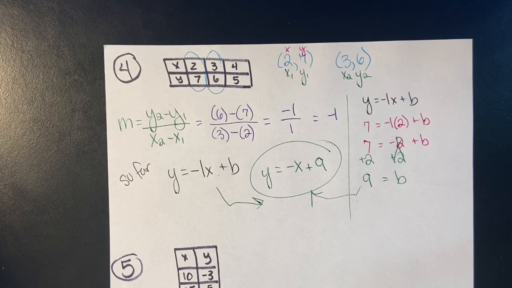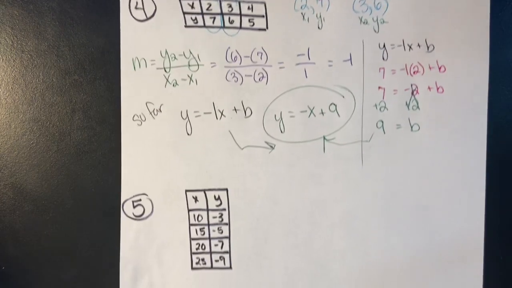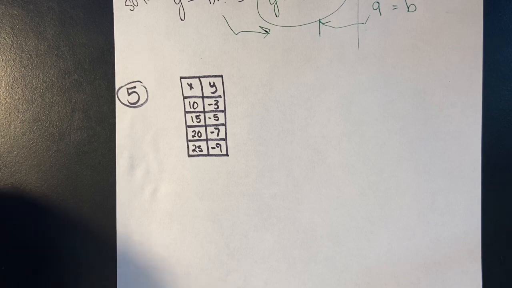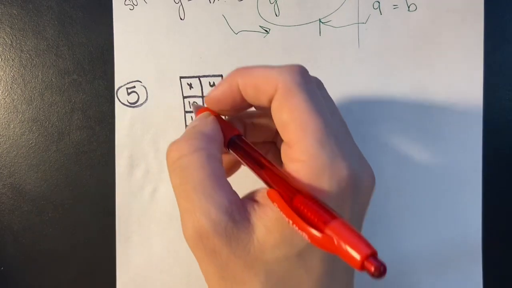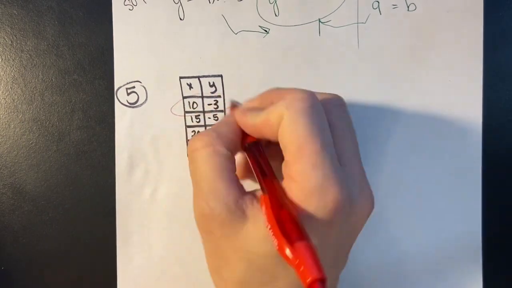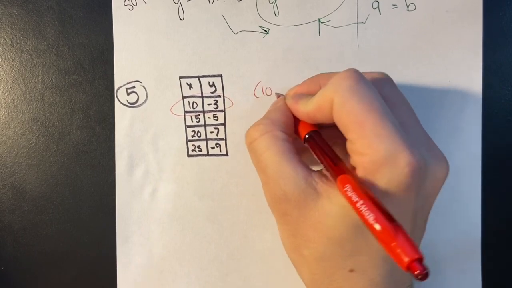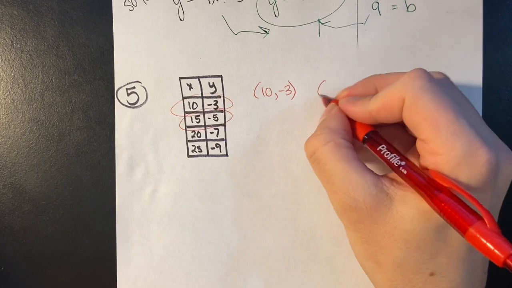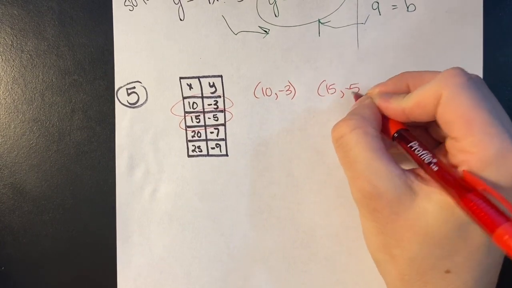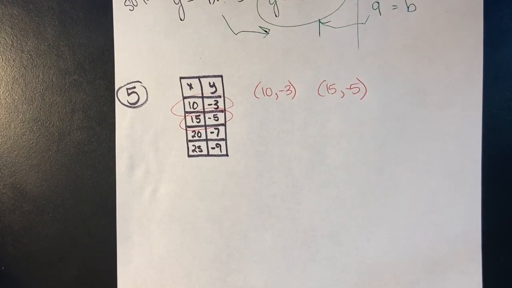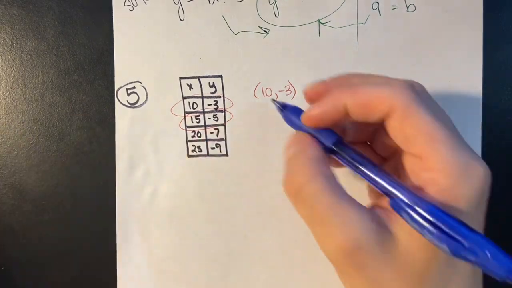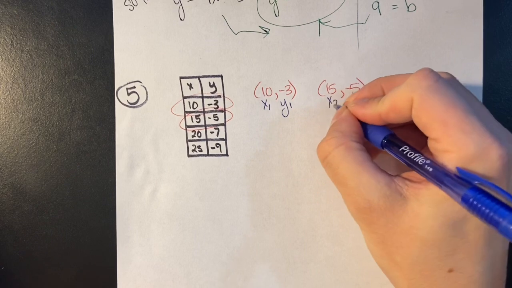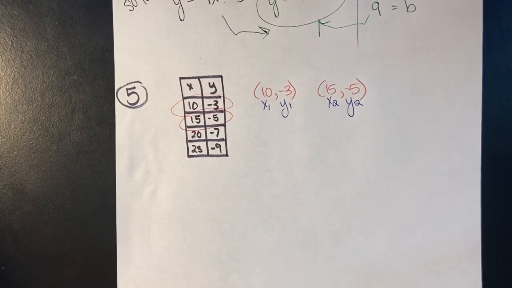One more fun-filled problem. There it is. Let's pick 2 points. Doesn't matter which points I pick. So let's do 10, negative 3, and 15, negative 5. Let's label them: x sub 1, y sub 1, x sub 2, y sub 2.